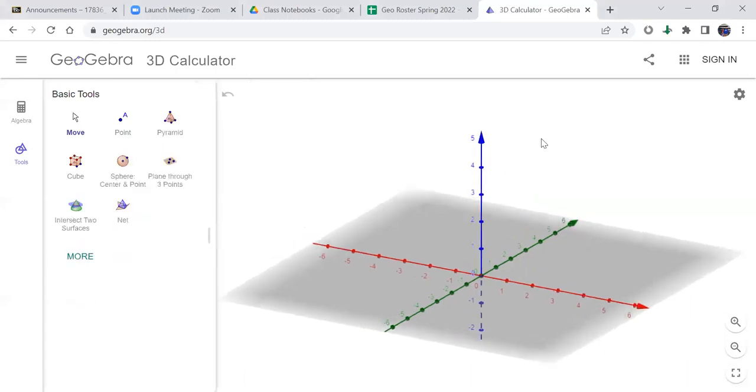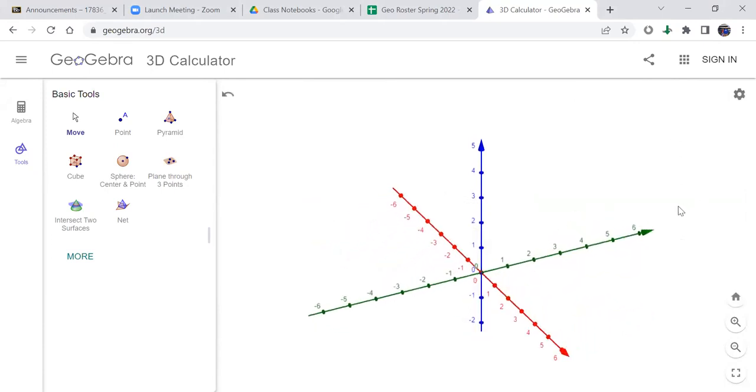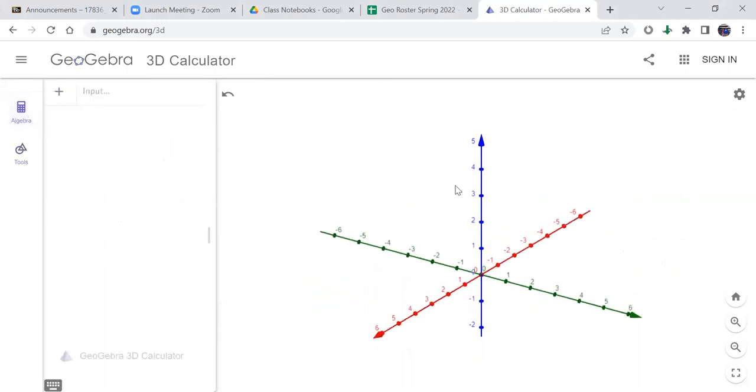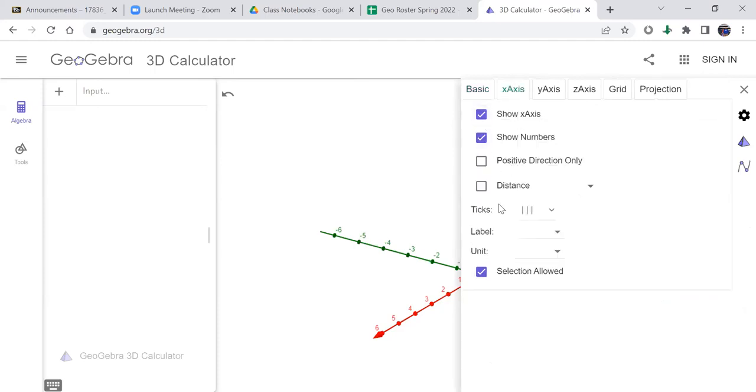So this is a three-dimensional coordinate system. I like to turn off the plane just to make it look a little nicer. What you're looking at is three physical dimensions, length, width, and height, right? So I'm going to turn on the x-axis labels.